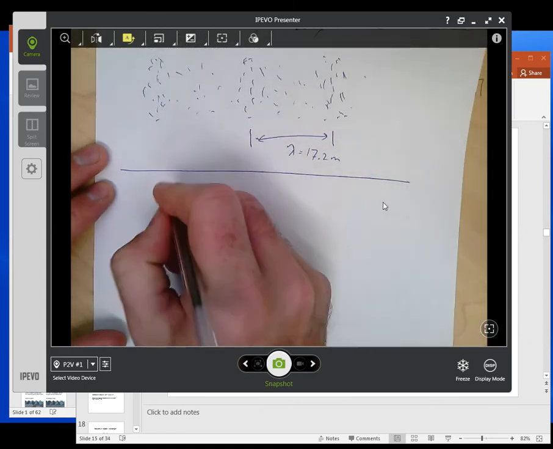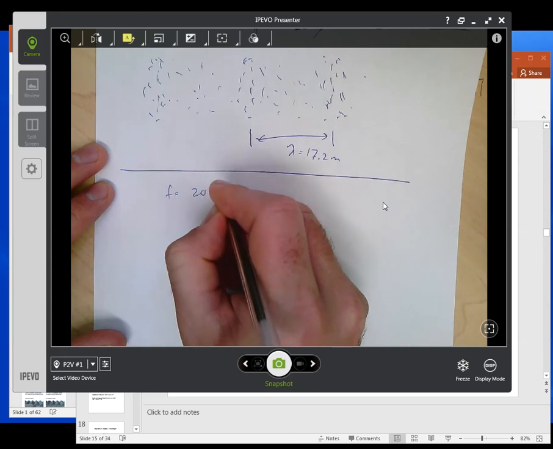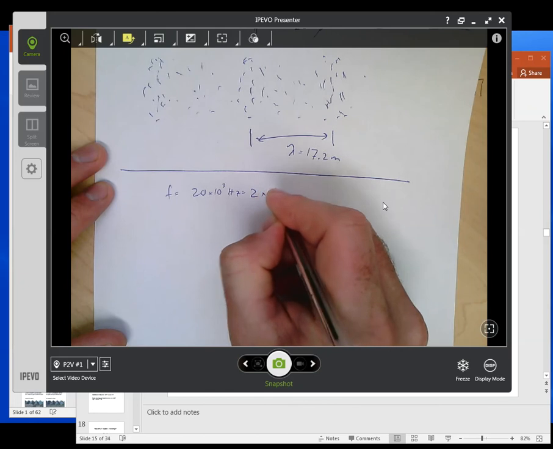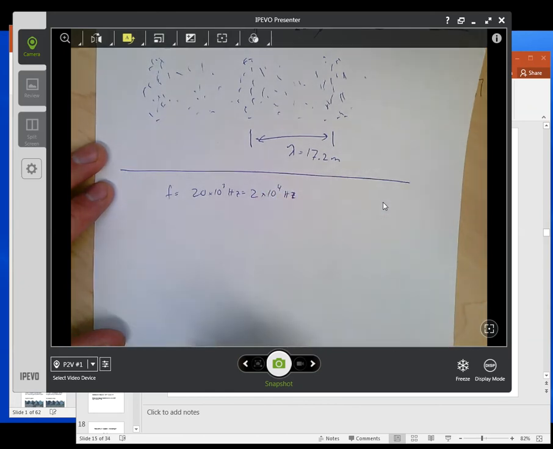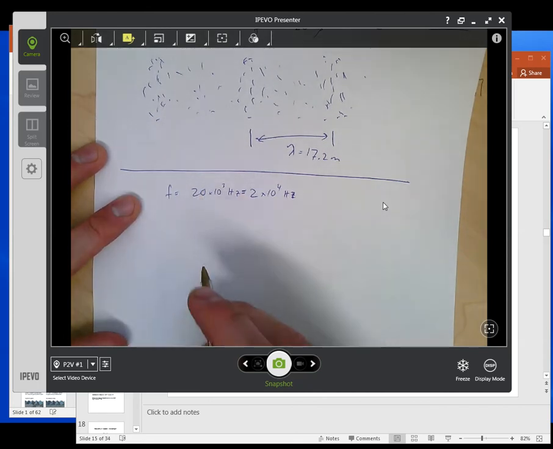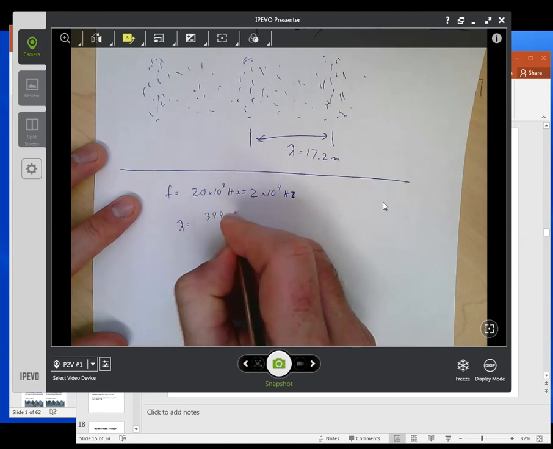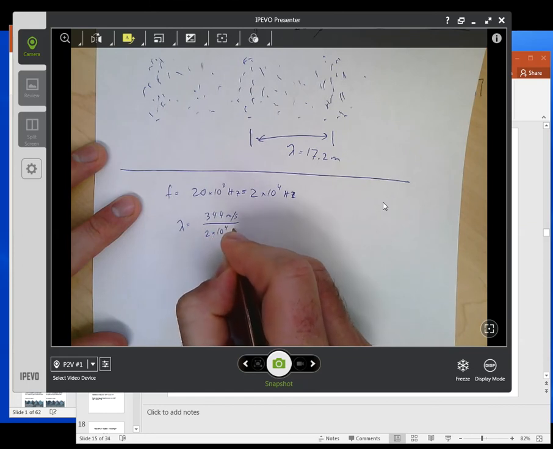Next example, let's take the frequency of 20 kilohertz. So 20 times 10 to the third hertz, or in other words, 2 times 10 to the 4 hertz. If we take that example, we want to figure out lambda, which is going to be 344 meters per second divided by the frequency, 2 times 10 to the 4 per second.